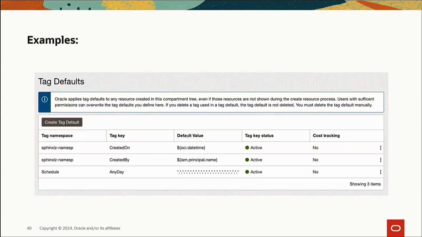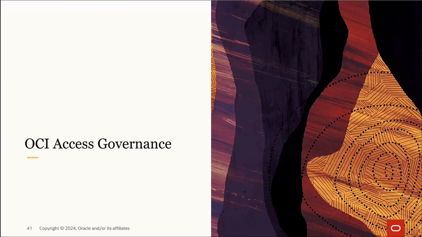So this is an example of the power of defaulting your tags. Along with defaulting and tag namespacing, this gives you a really good mechanism to control, manage your tags and use them effectively across your tenancy.